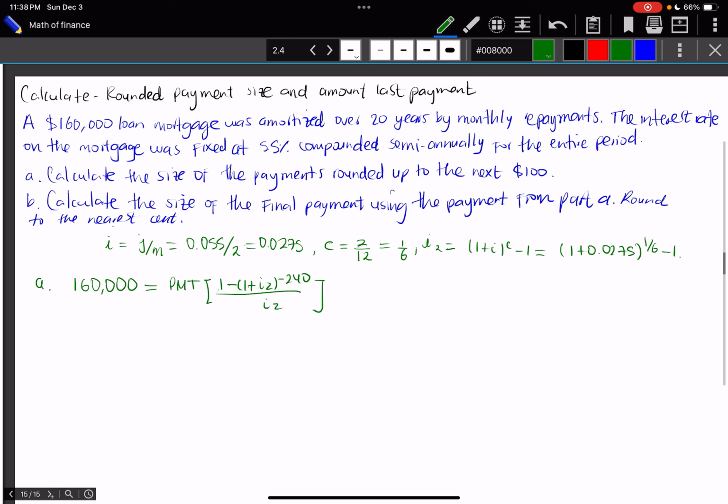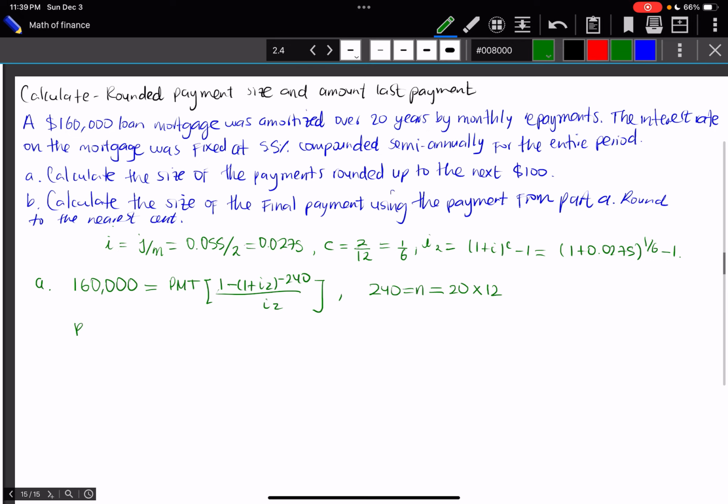And this is the present value of the annuity. The 240 comes from multiplying 12 payments by 20 years. So this 240 is the number of payments that are made in 20 years, with 12 payments made each year.